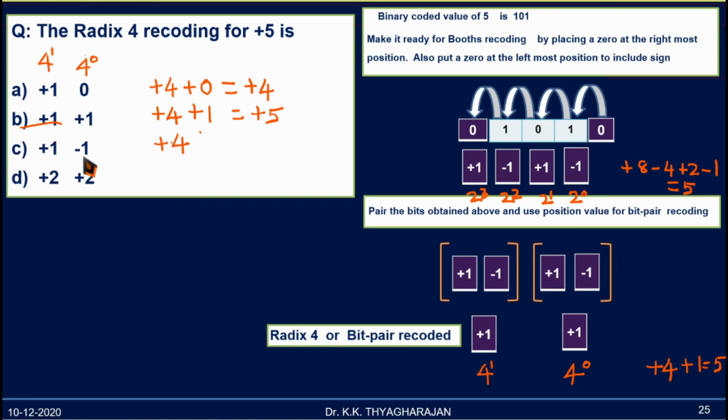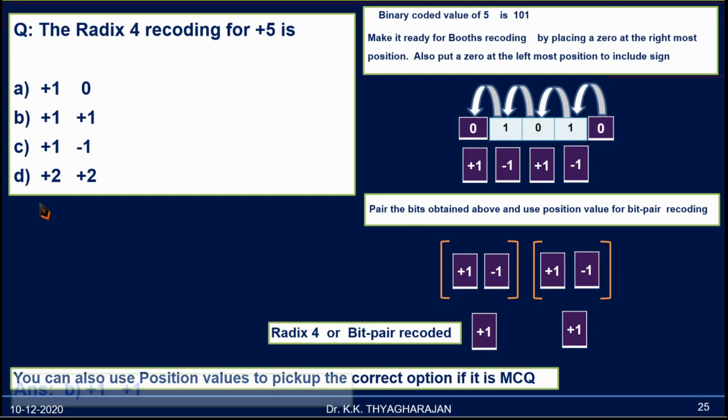Then here minus 1 into 1 is minus 1, equal to plus 3. Then here 2 into 4 is plus 8, because plus 2 into 4 is plus 8, plus 2 into 1 is 2. It will be plus 10. So if you see these values, this is giving the decimal value plus 5. So option B is the correct answer.